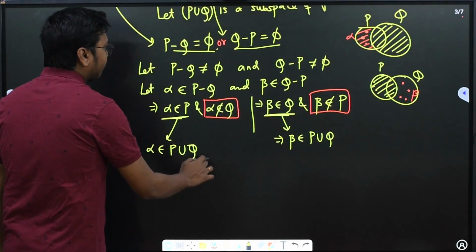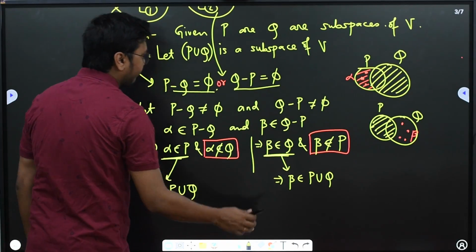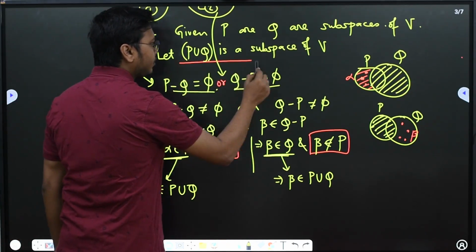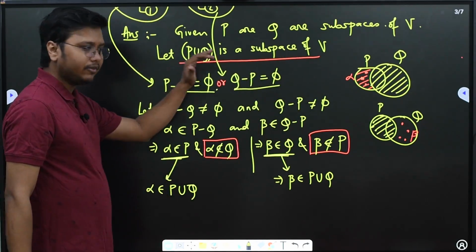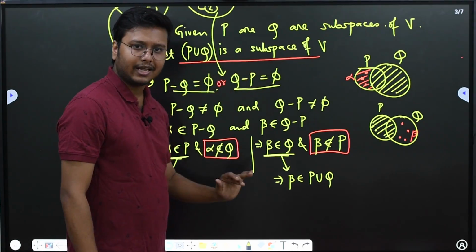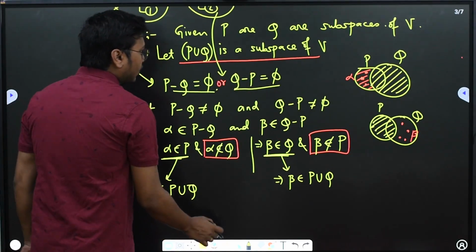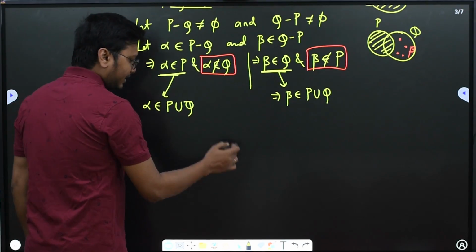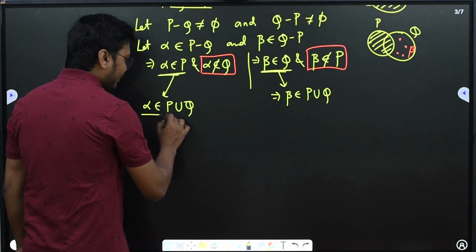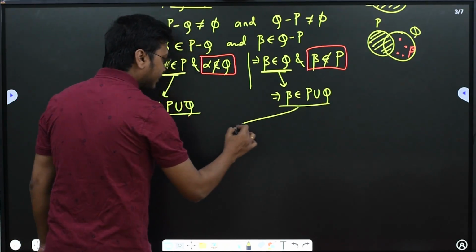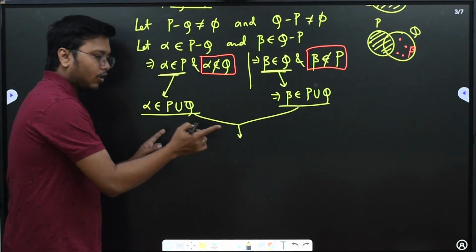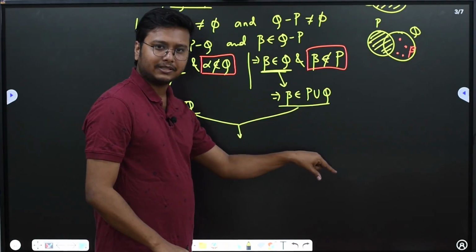Now look what I have assumed right at the beginning. I have assumed that P union Q is a subspace of V. So we have that in our hand, we can utilize this information. So since P union Q is a subspace, that means if I have two elements, then their addition also has to belong to that subspace, right?